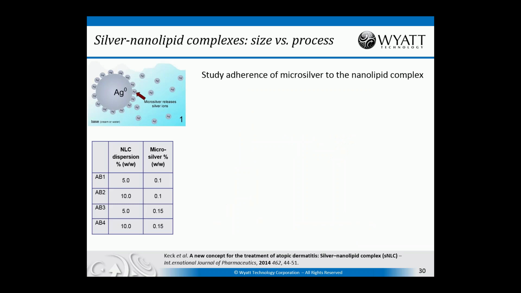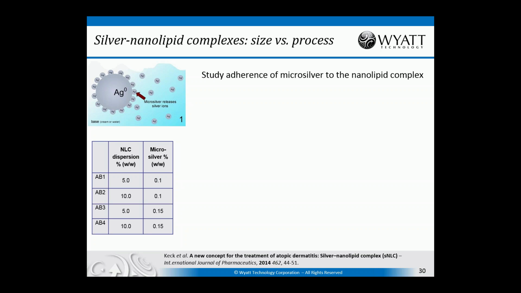This is a very different type of drug delivery vehicle, a nanolipid complex. In this instance, the researchers wished to study the binding of microsilver particulates to the nanolipid complex. They looked at different conditions that led to different degrees of binding of the microsilver.